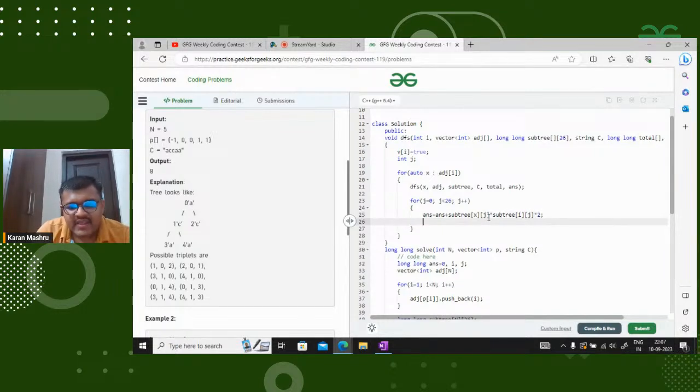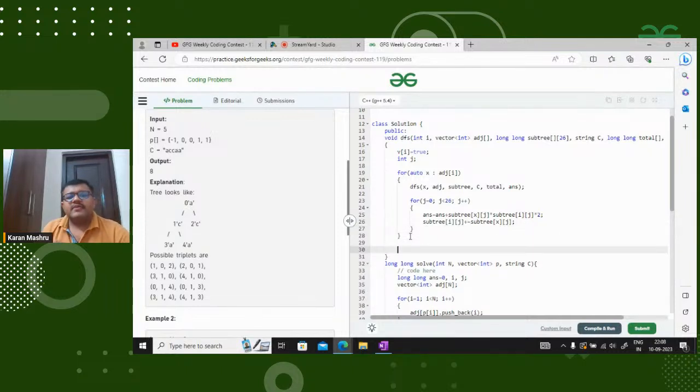And now add the count of j from the subtree starting with x into I. So I can say subtree ij plus equals subtree xj, right? So the total count of j will increase in the subtree of I, because x is one of the branches of I, right? And after doing this, I can call on the another branch also.